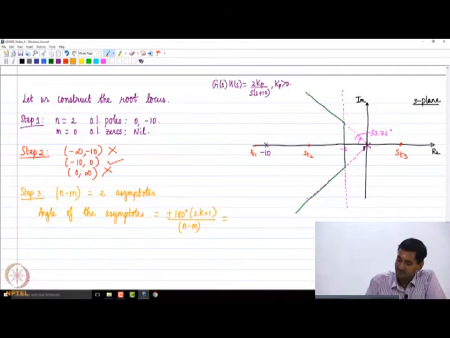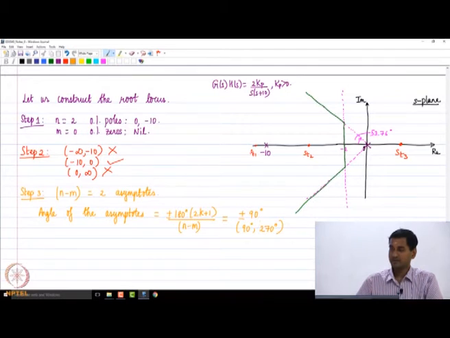Since n minus m is 2, we can immediately see that this is going to be plus or minus 90, or we can write it as 90 degrees and 270 degrees, depending on how we want to write it.